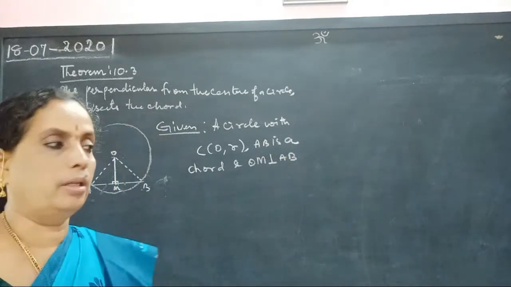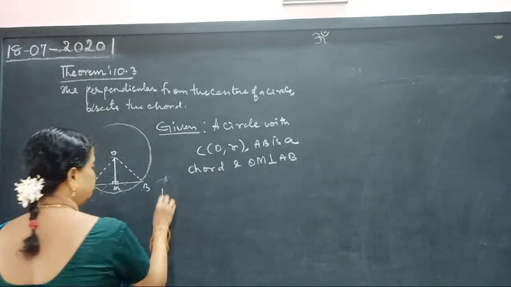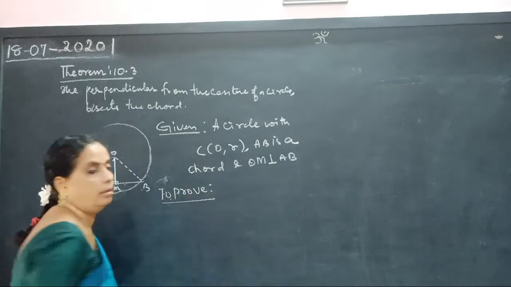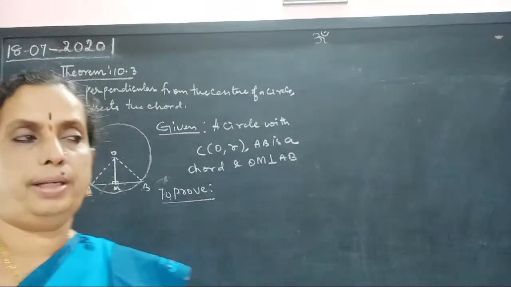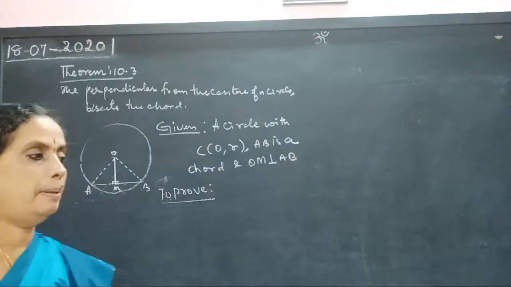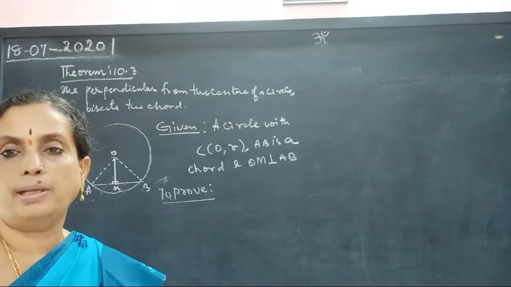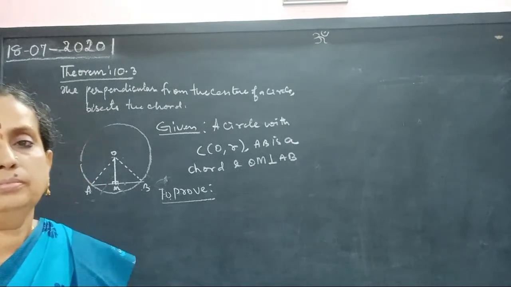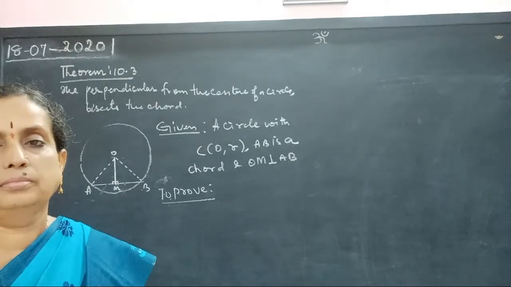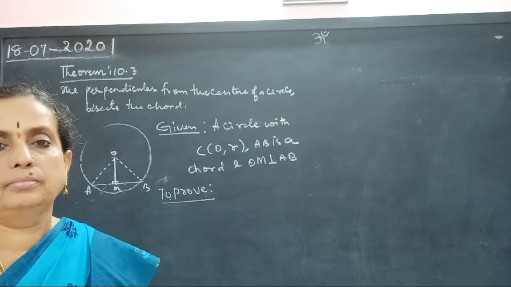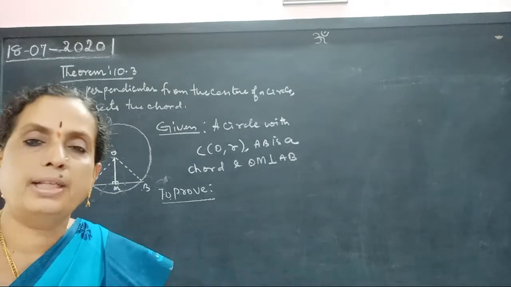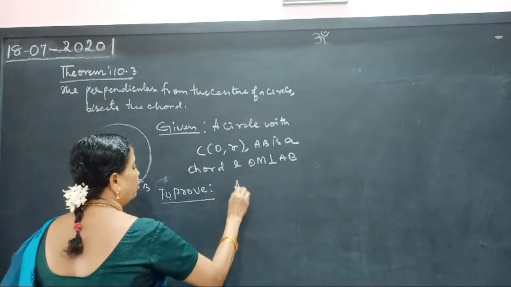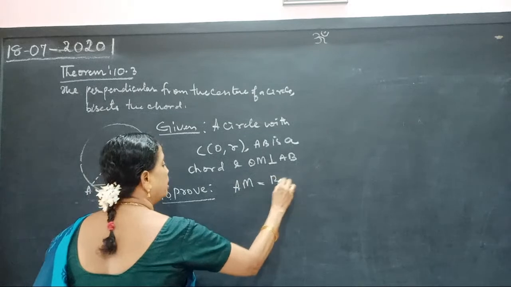What do you have to prove? Come on, tell me. What do we have to prove here? The perpendicular line bisects the chord means what do we have to prove in the figure? Yes, AM equals BM. Very good. To prove AM equals BM.